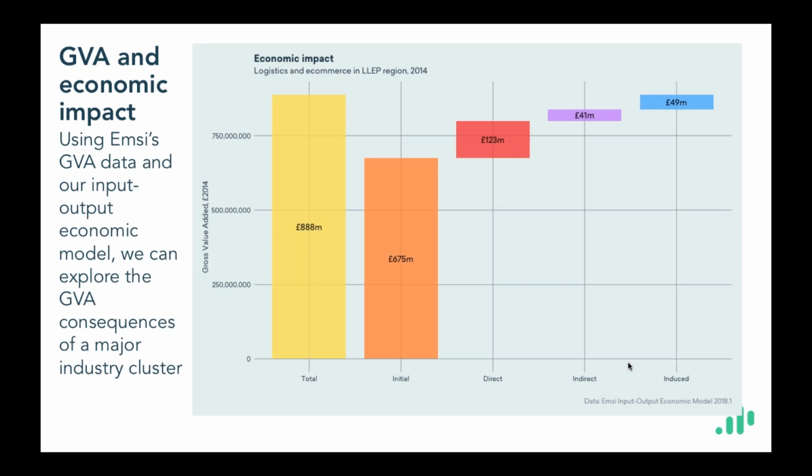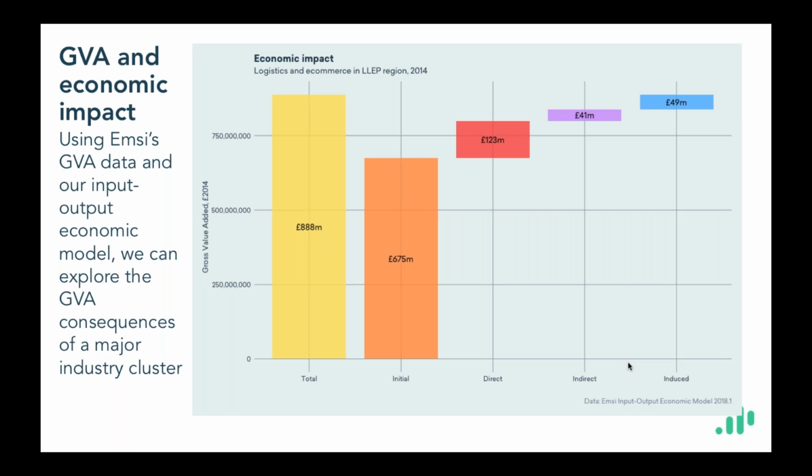We can explore the GVA consequences of a major industry cluster, staying with logistics and e-commerce, but we can look at what is happening within this supply chain. So that total figure on the far left, the 888 million, is the total value there.